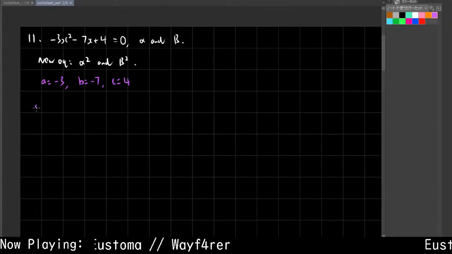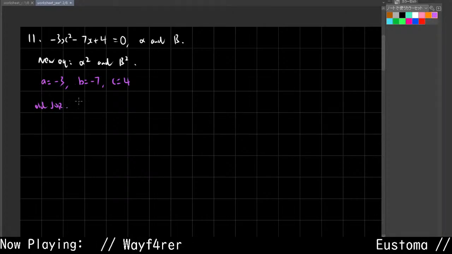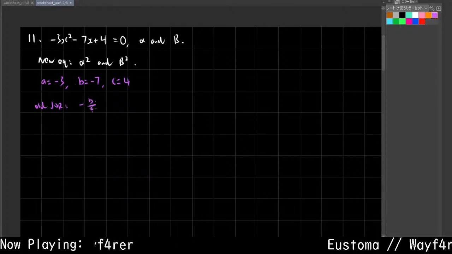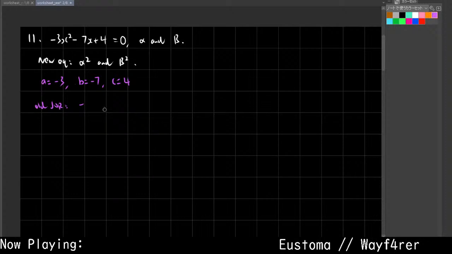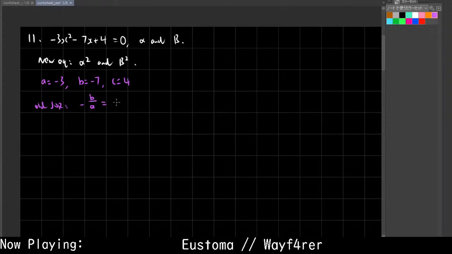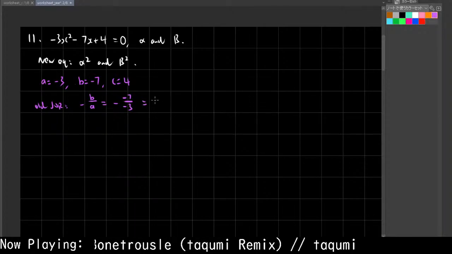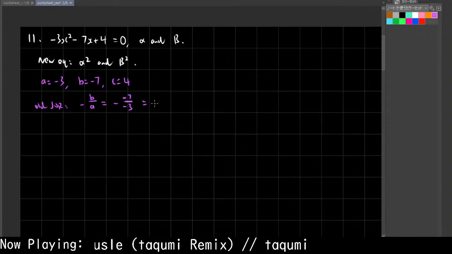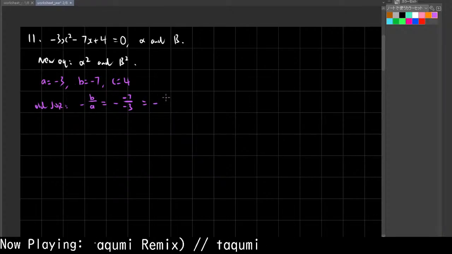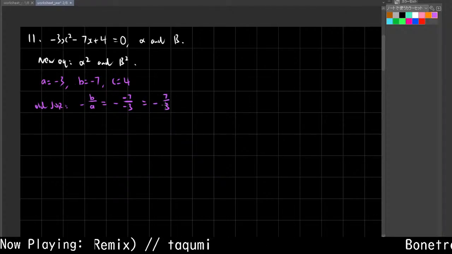Your sum of roots is equal to negative B over A, equal to negative of negative 7 over negative 3, which should give, negative cancel become positive, and then there's still a negative in front, so it will be negative 7 over 3.